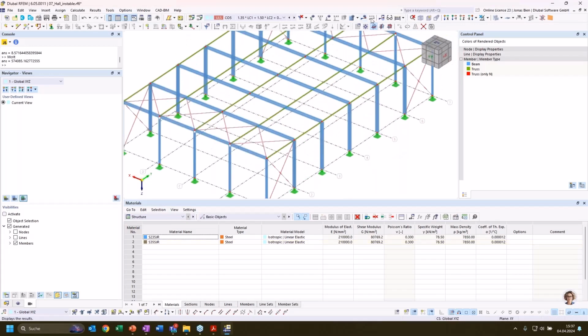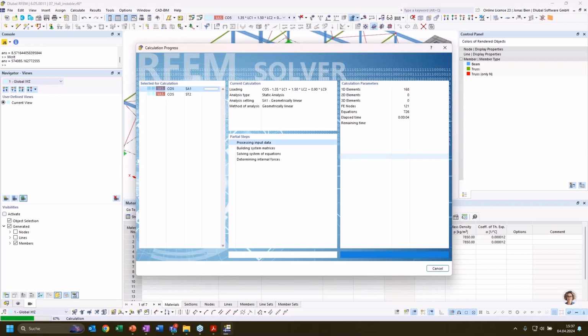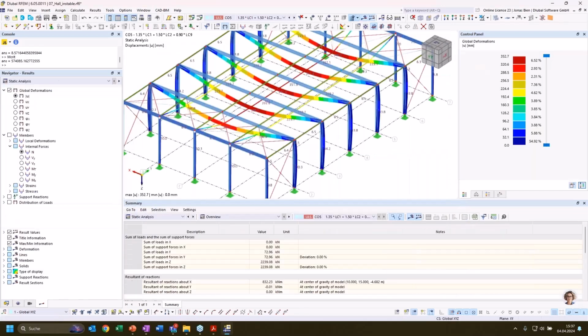And if we now again perform the same simulation on our load combination 5, we will hopefully be able to get a suitable solution and a stable model.